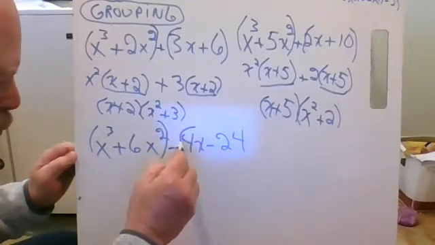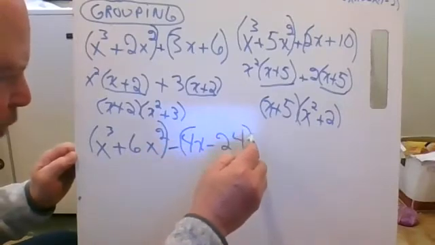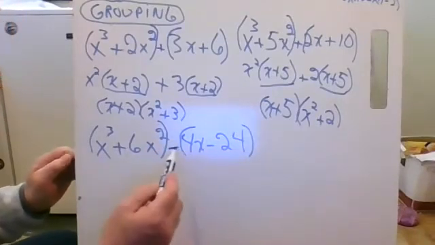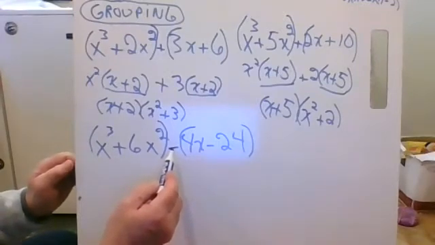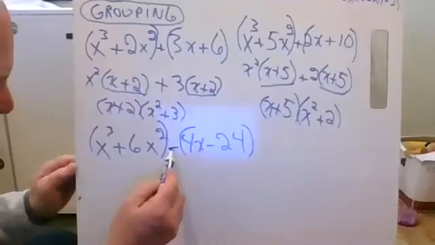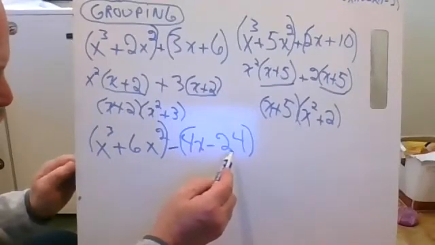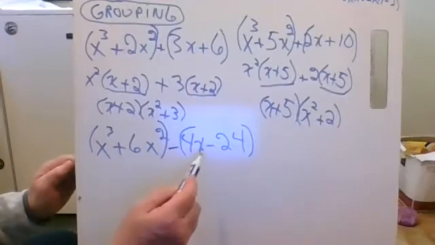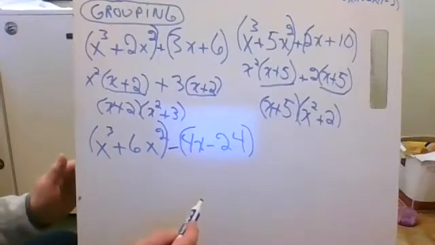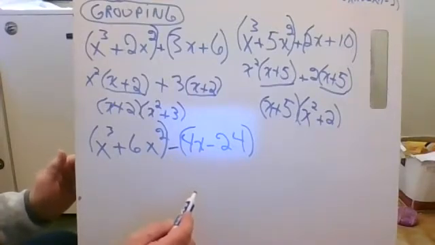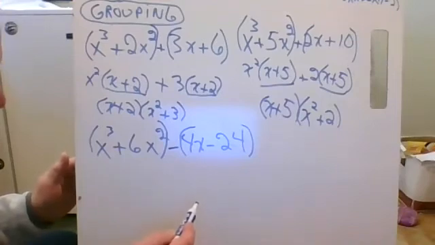Now, if I group by putting parentheses here, and with this minus in front, it would now be minus 4x plus 24, and then I've changed the problem. And you can't change the problem. It's supposed to be a minus 4x minus 24.